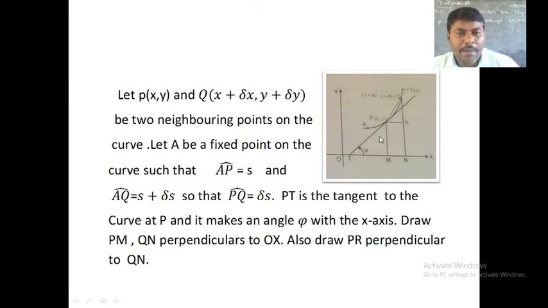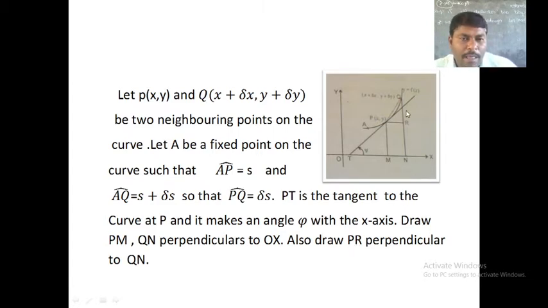Here PT is the tangent to the curve y is equal to f of x at the point P, and it makes an angle psi with the x-axis. Next, draw PM and QN perpendicular to the x-axis.